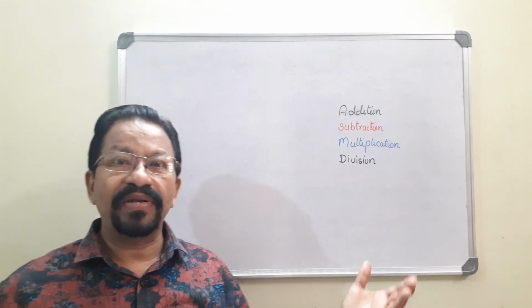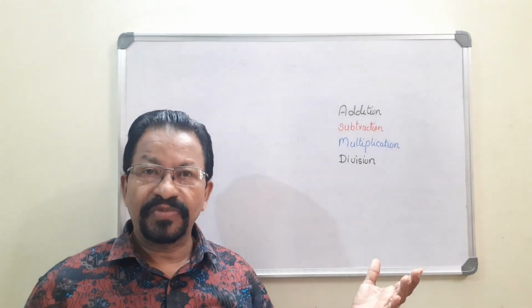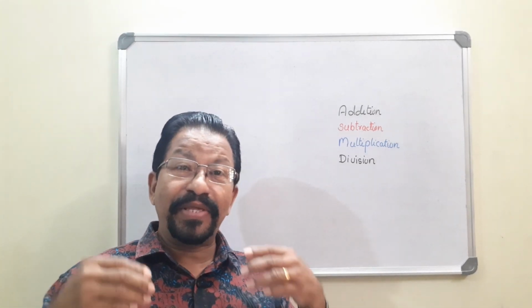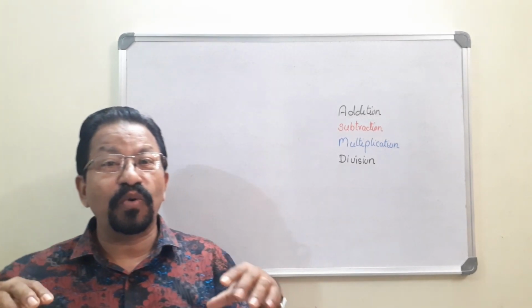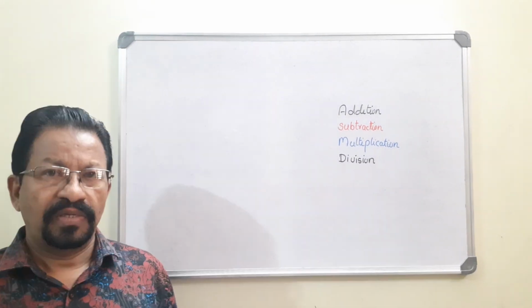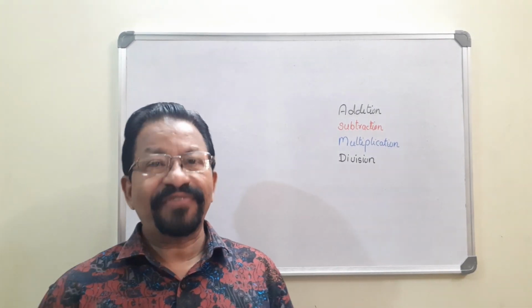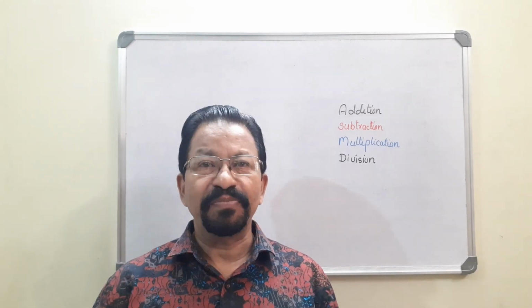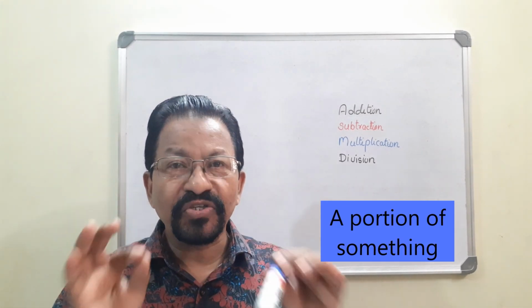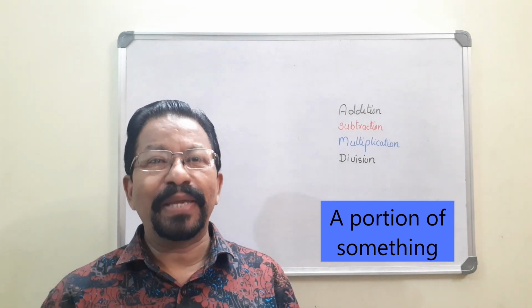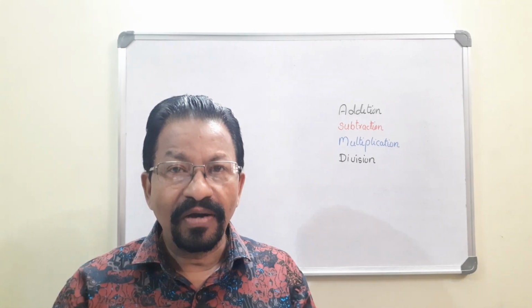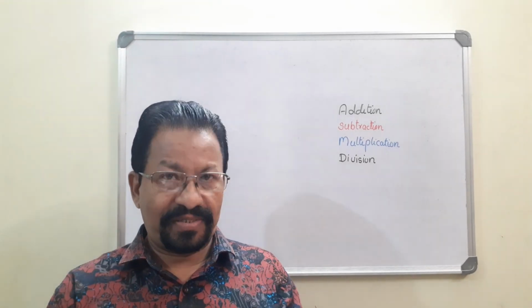Some students may not know what a fraction is, or they know fraction but they don't know how to define it. Okay, what is a fraction? It is very simple. Fraction means a portion of something, a part of something, not the full or whole.